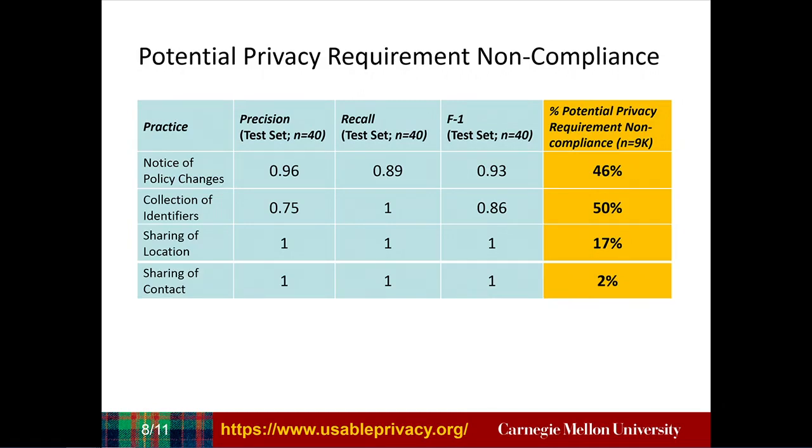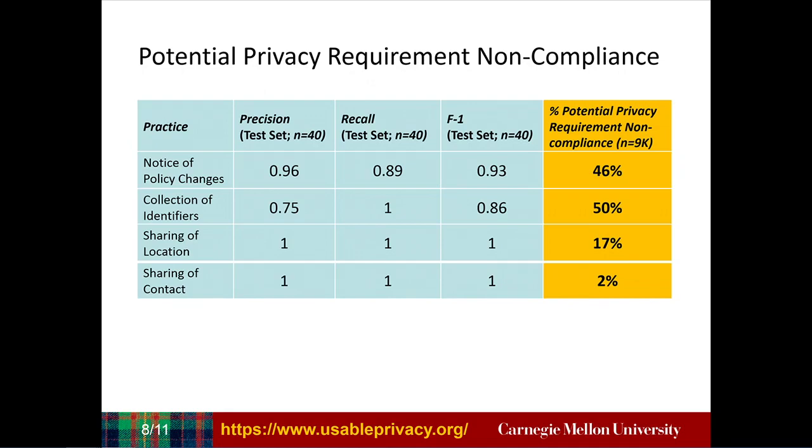Sharing of contact information is a practice that involves sharing of email and sharing of phone numbers. These are the two items we looked at, and it occurs in 2% of apps and is not revealed in the privacy policy. So overall, these numbers are relatively high. We did not expect that many discrepancies between policies and apps.